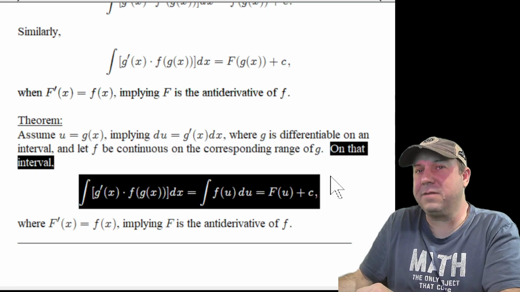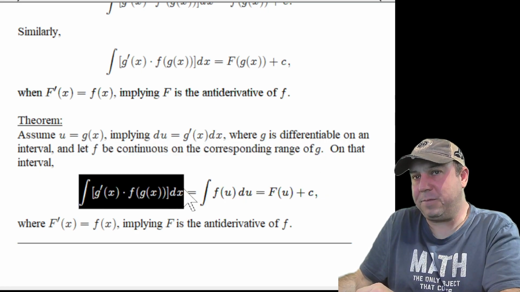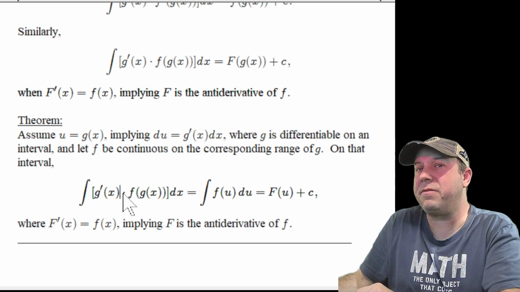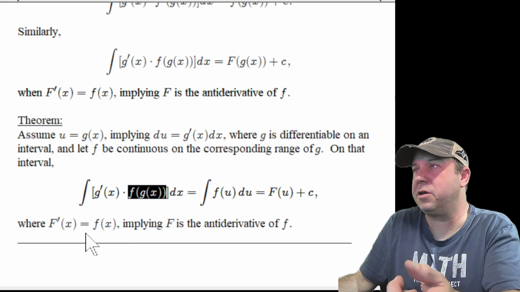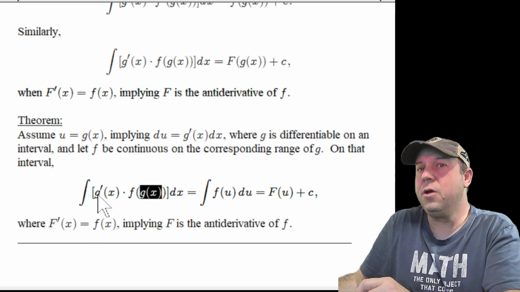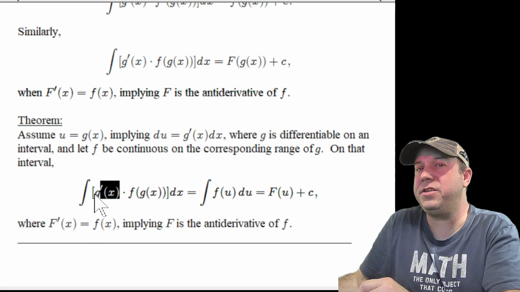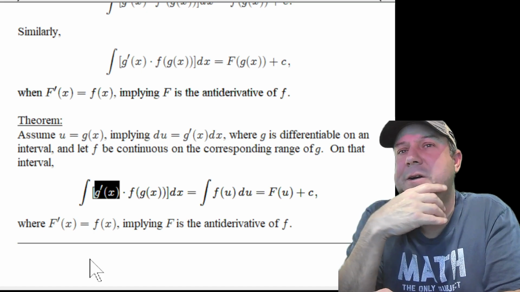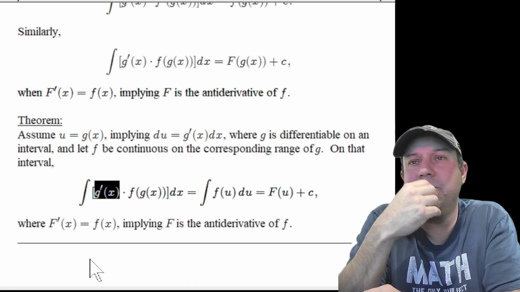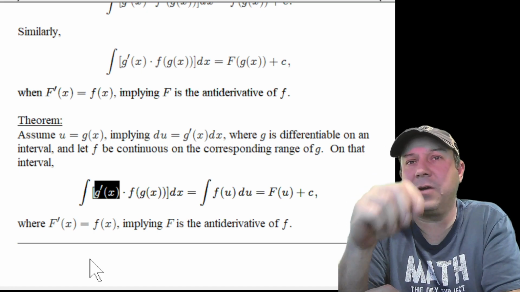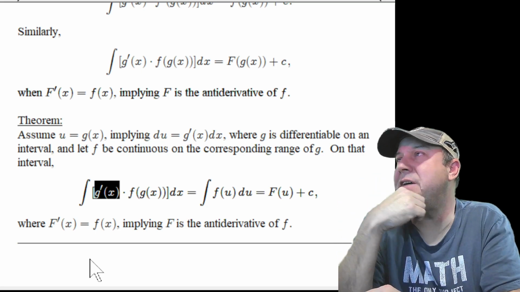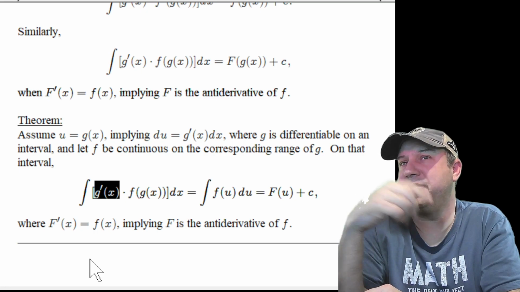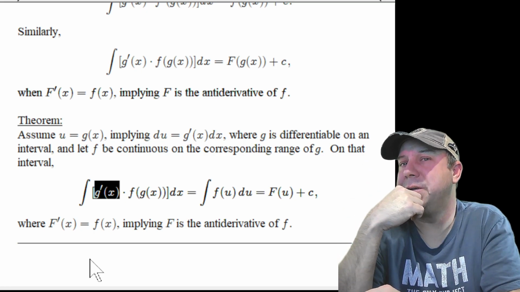And on that interval, then, the antiderivative of g prime of x times f evaluated at g of x, where here we have the composite that we're going to look for, where the interior function's derivative is presented here as another factor in our integrand. And truth be, it is actually going to be a constant multiple of that factor. We've seen that back in the previous examples.